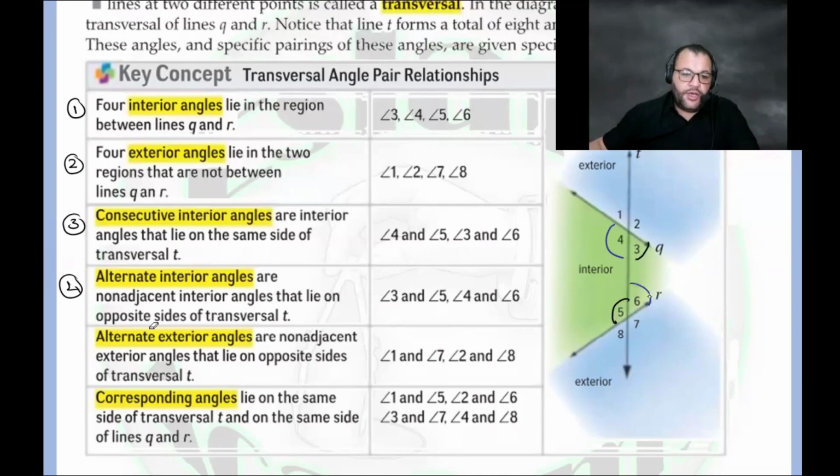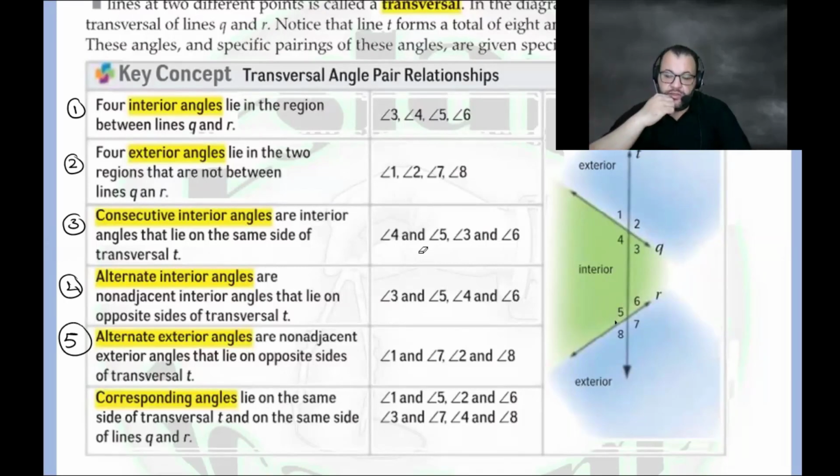Okay. Now we have the alternate exterior. What is the meaning of alternate exterior? The same: the angles lie on two different sides of the transversal, and they are not adjacent. All of these types are not adjacent, and the third condition is that both of them are exterior angles.